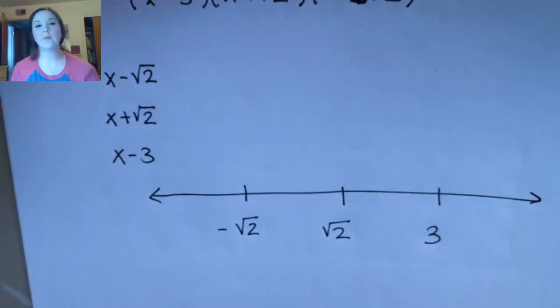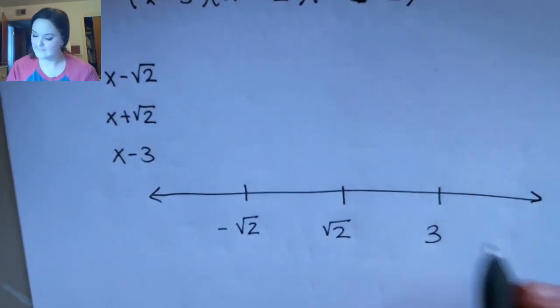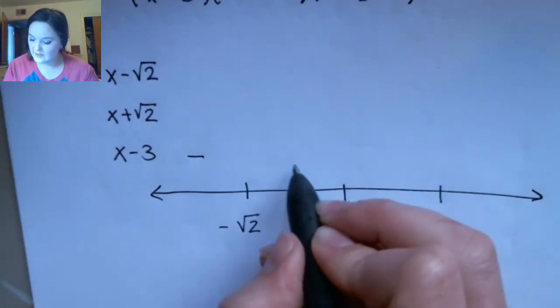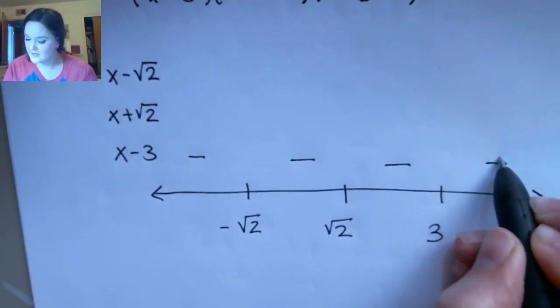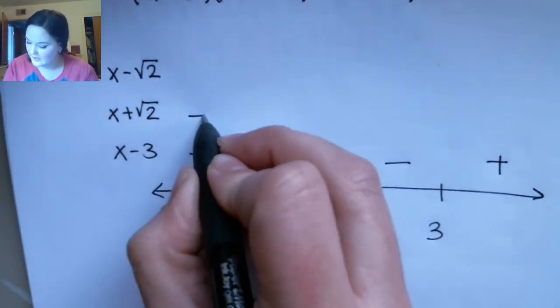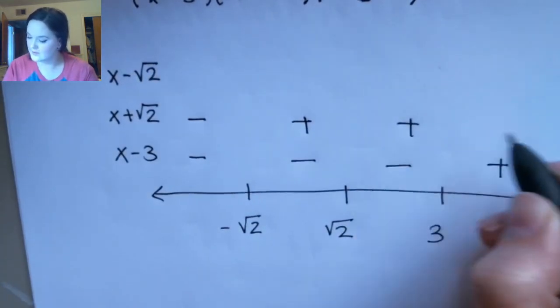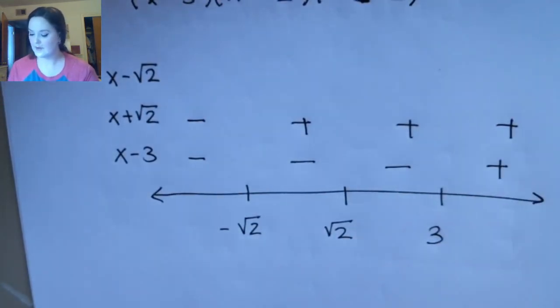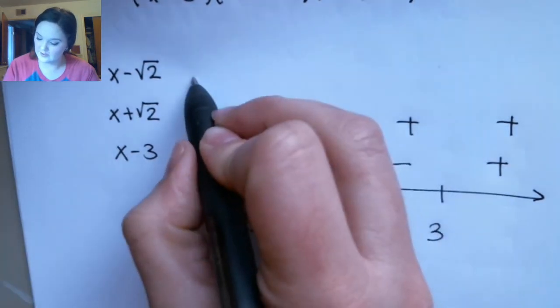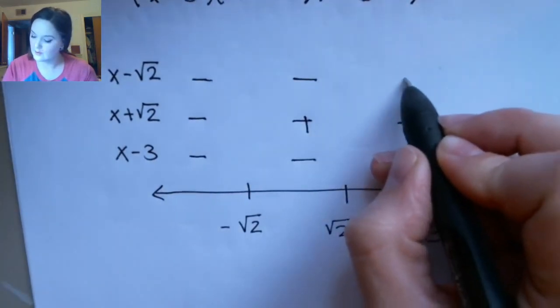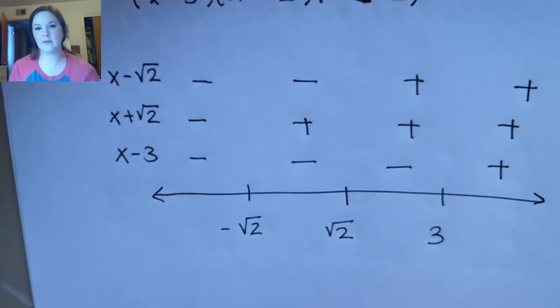Now when you're plugging things in to check here, remember that root 2 is between 1 and 2. So this is going to be negative, negative, negative, positive. This will be negative, positive, positive, positive. And this will be negative, negative, positive, positive.